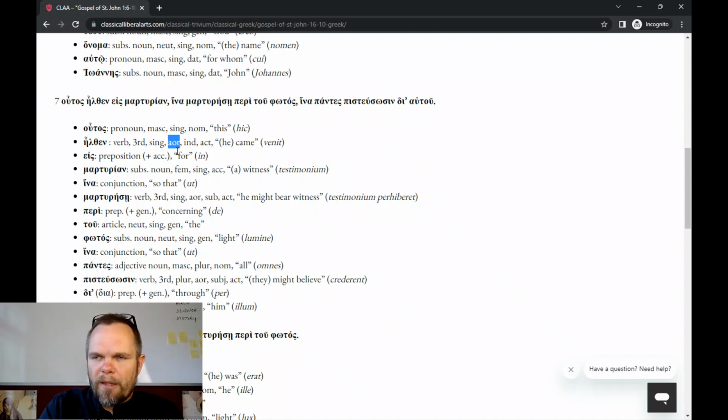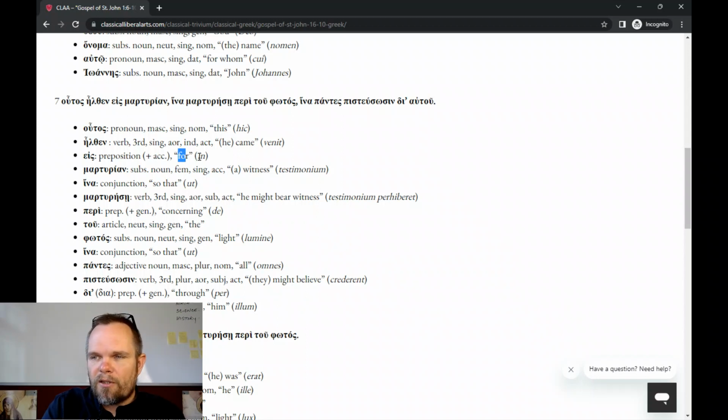Then we have the prepositional phrase eis marturian. Eis is a preposition that governs the accusative case, or that seeks the accusative case after it. We see the translation here is for, and there can be a number of translations for this preposition. It can be into, unto, for, and so on.